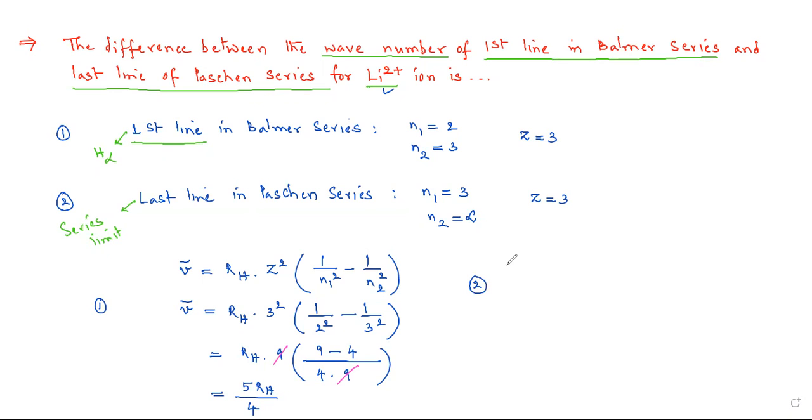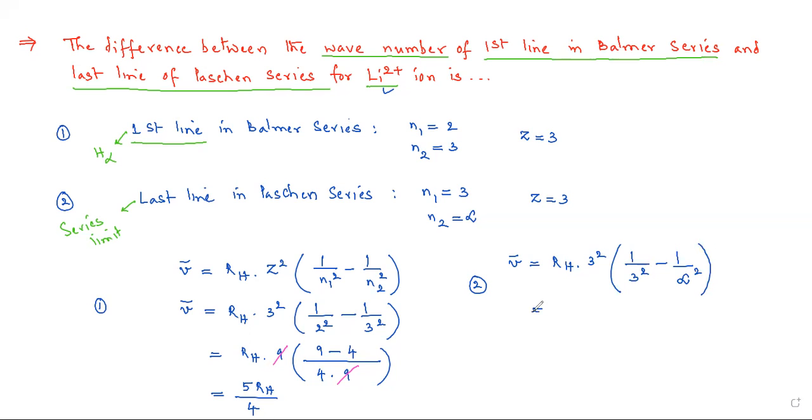Come on, go for case 2. Nu bar is equal to RH into, again Z square is 3 square. Now 1 by N1 square minus 1 by N2 square.